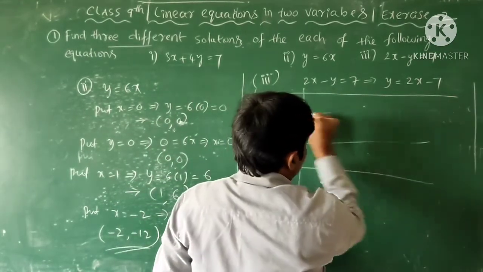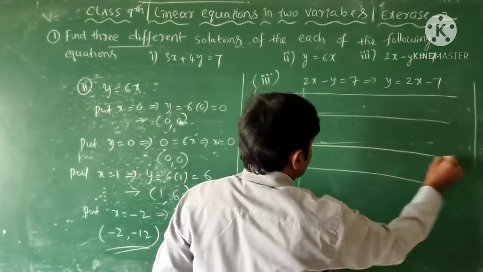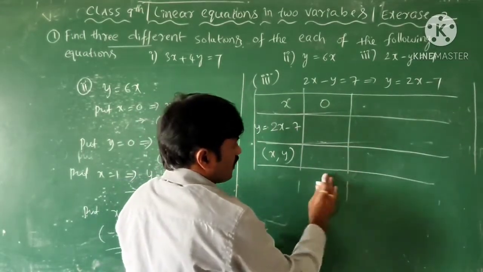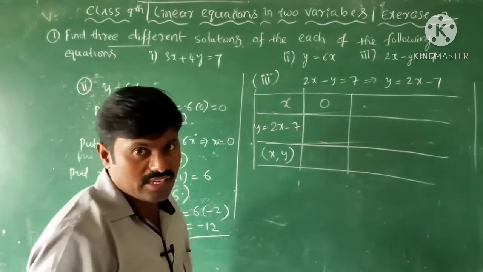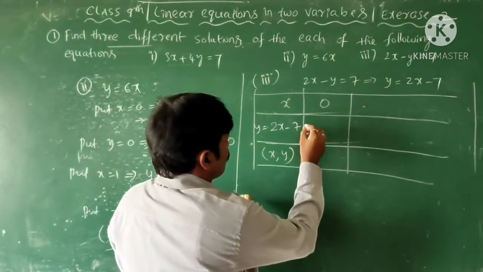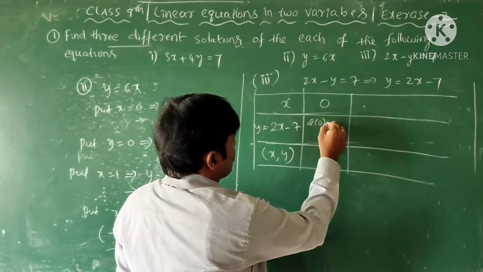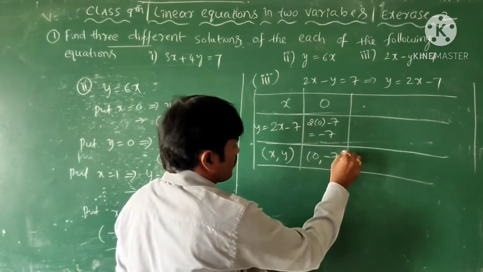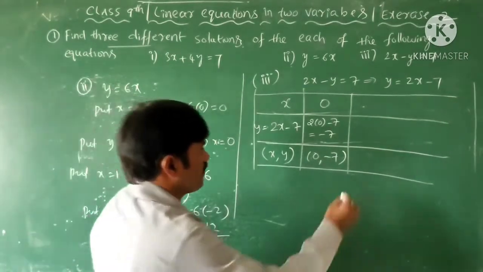So as per our method, first we have to write the x value. Put x value 0. Then it becomes 2 into 0 minus 7, that is equal to minus 7. So the ordered pair is 0 comma minus 7. Next put y value 0.